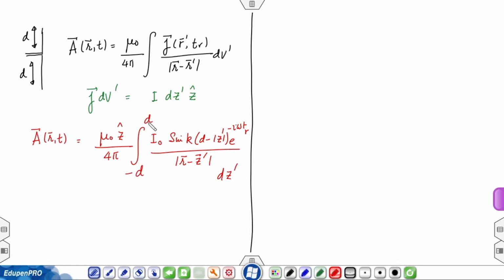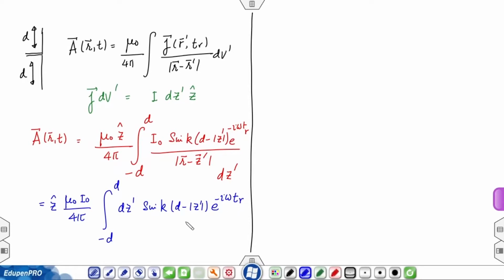This is the calculation which I can write as mu naught I naught over 4 pi in the z direction, integration minus d to d dz prime, sine of k (d minus mod z prime) e raised to minus i omega t retarded divided by mod of r minus z prime, in the z direction.